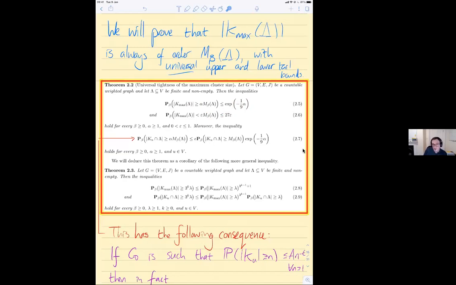Moreover, if you take a specific vertex and ask for the probability that its cluster has an intersection with lambda bigger than the typical value by a factor of alpha, then this is bounded by this exponential term multiplied by the probability that this specific cluster has intersection of this size.